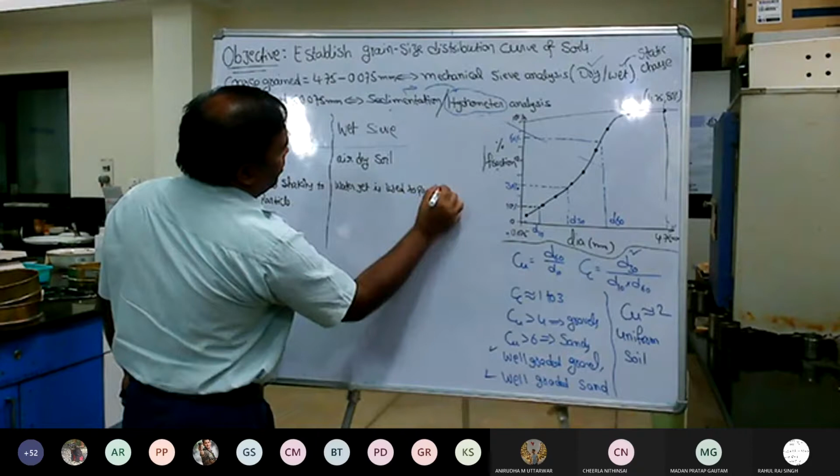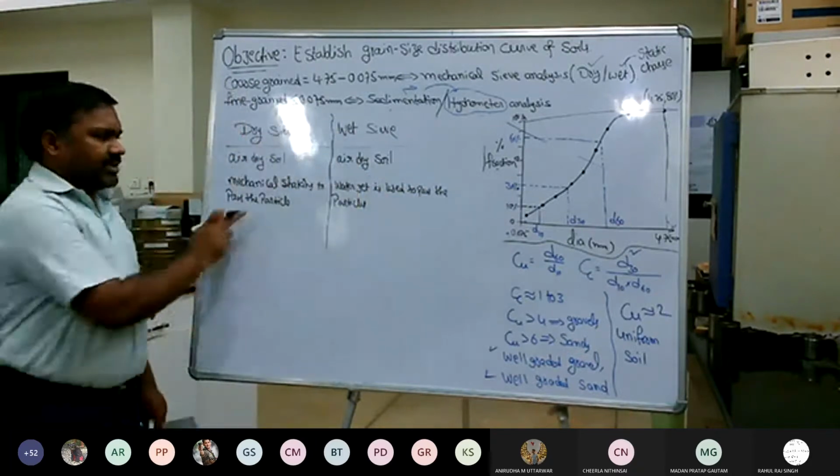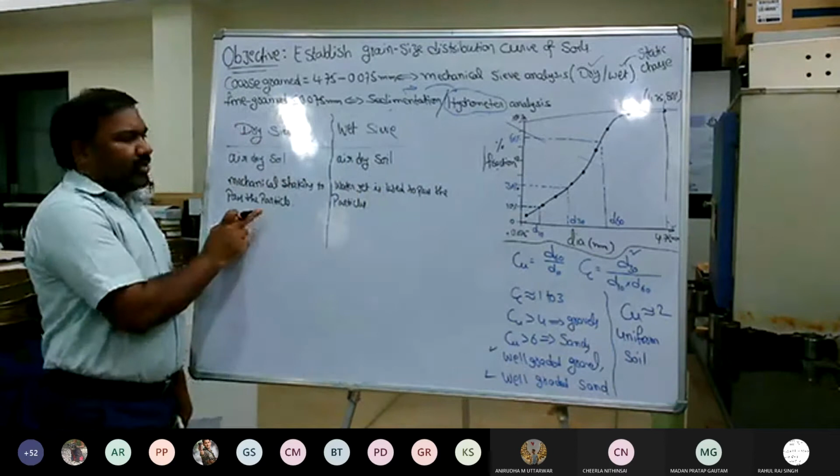So this is the only difference between wet sieve analysis and dry sieve analysis. Here shaking energy, mechanical energy. Here a water jet is used to allow the particles to pass.